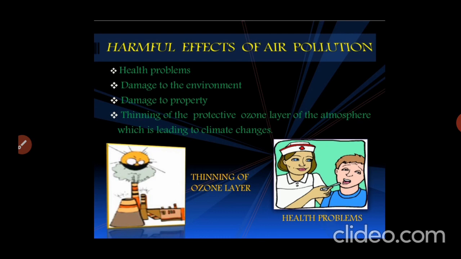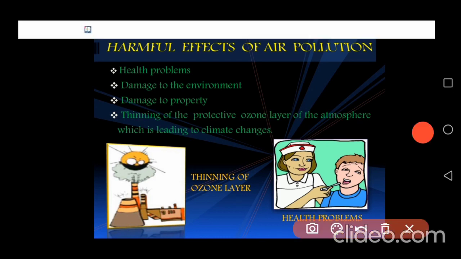First one, because of air pollution, what effects are there on our health? Some health problems will come to our body because of air pollution. Already told you the composition of air. The major composition of air is nitrogen. Second place goes to oxygen. Each and every living organism needs very important oxygen.